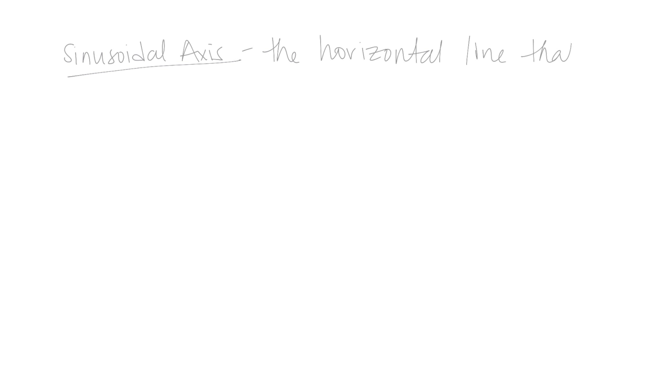So here we go. Some of the things I already said out loud, but here's the formal way of writing it. So the sinusoidal axis, that is the horizontal line that cuts, and I'll put that in quotes because it doesn't actually cut, but that cuts the curve in half.